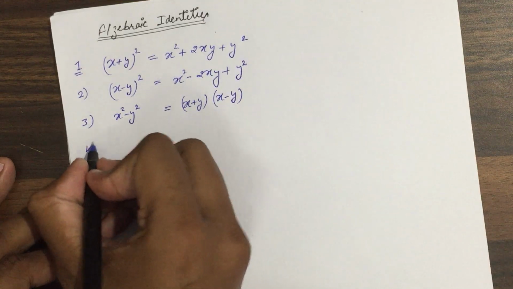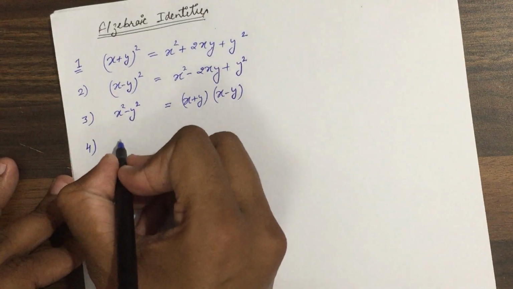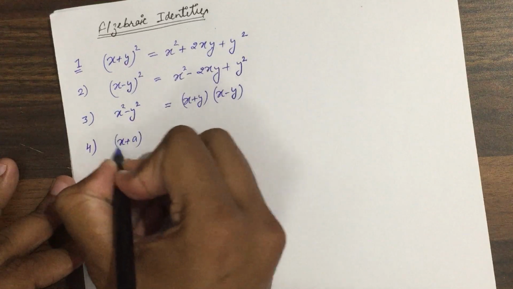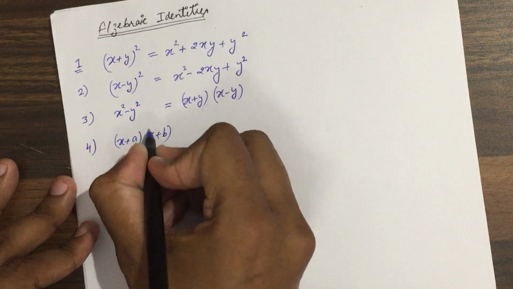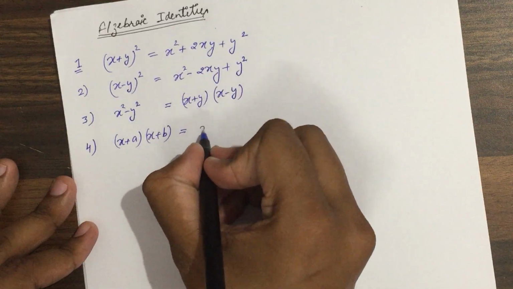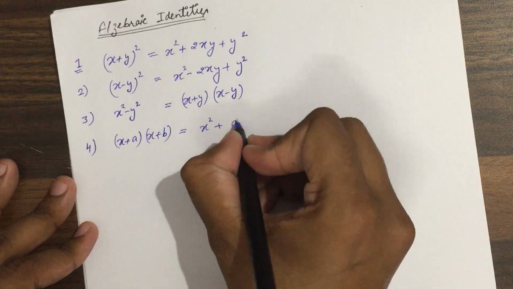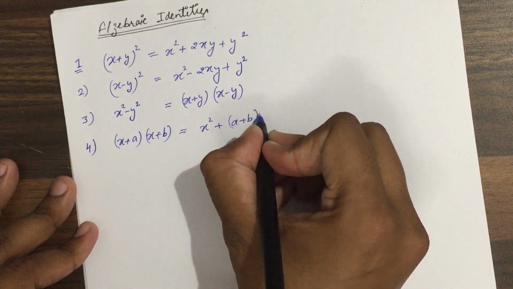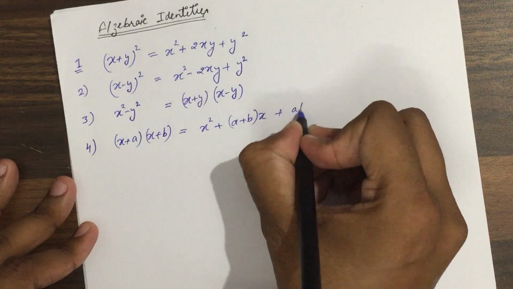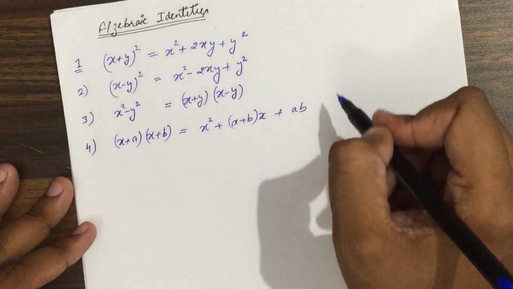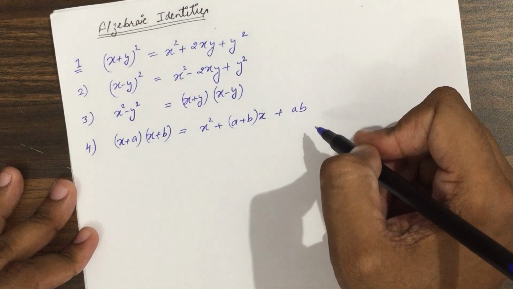Okay. Fourth one is (x + a)(x + b) gives you x square plus (a + b) into x plus ab. These four were there in your class 8, I think. Okay, so you should know them.